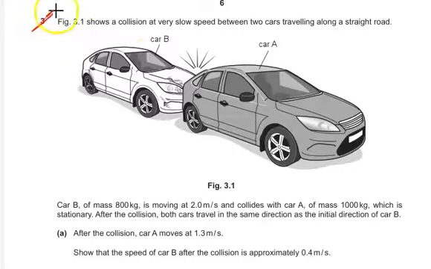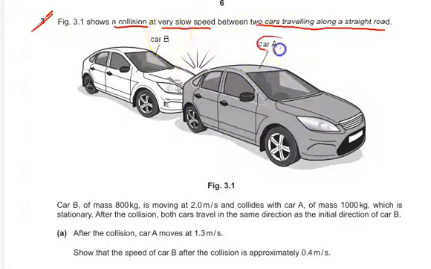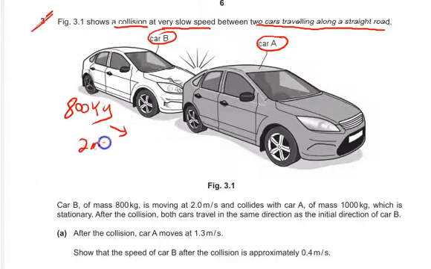Picture 3.1 shows a collision at a very slow speed between two cars traveling along a straight road. Should be a traffic jam here. Now car A, and then you have car B. Car B, mass of 800 kg, moving at 2 meter per second, collides with car A of mass of 1000 kg, which is stationary, at rest.